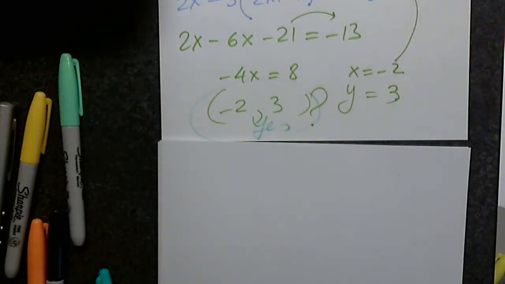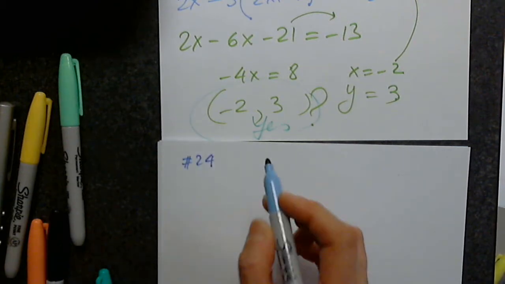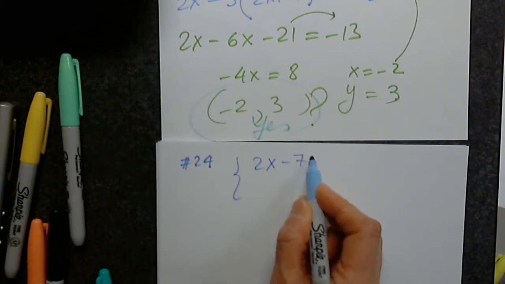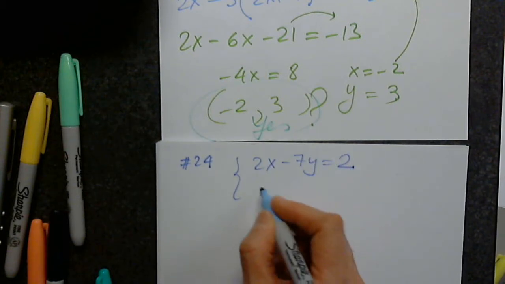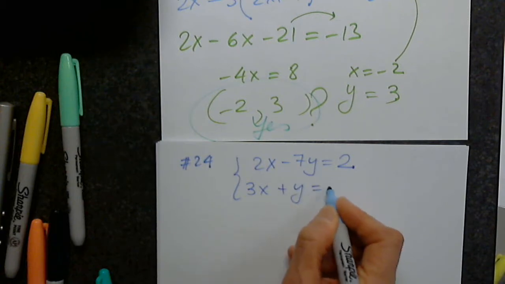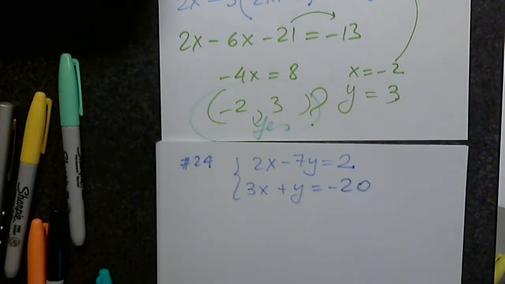Okay. Let's take a look at another one with the method of elimination. Let's say problem 24. 2x minus 7y equals 2, and 3x plus y equals negative 20. In this particular situation, we would like to use the elimination method.